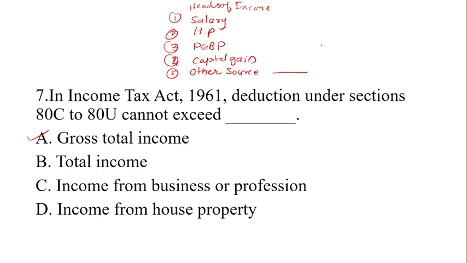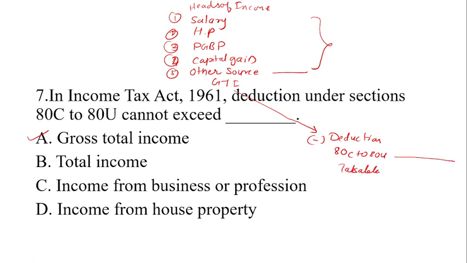We add all the heads and we get a total, that is the gross total income. From this gross total income we deduct the deductions which come under sections 80C to 80U. Then you will get the taxable income. So in the Income Tax Act 1961, deduction under sections 80C to 80U cannot exceed the GTI.